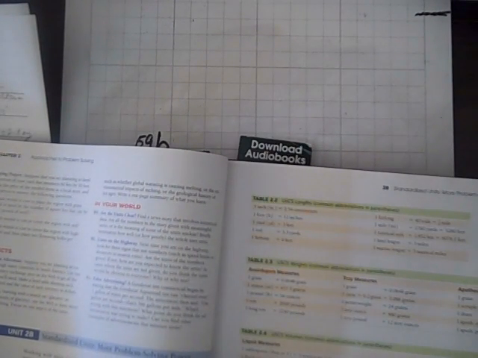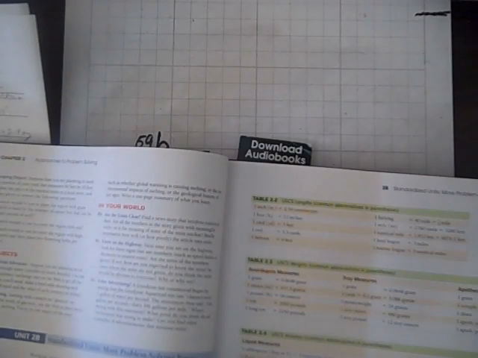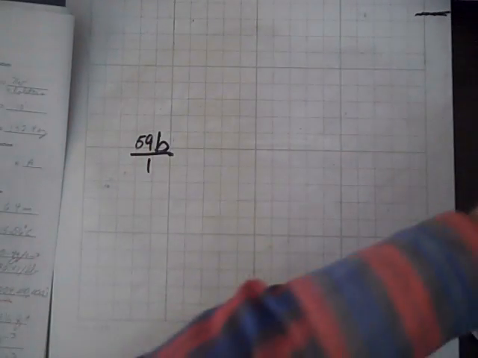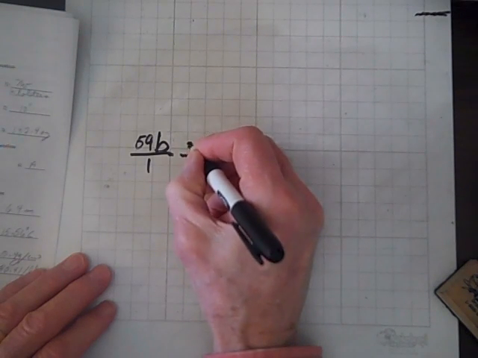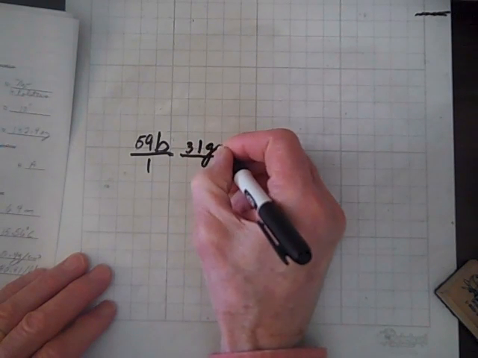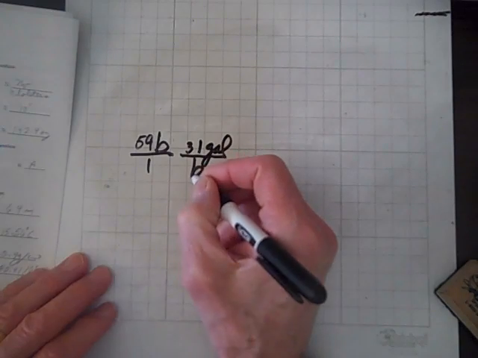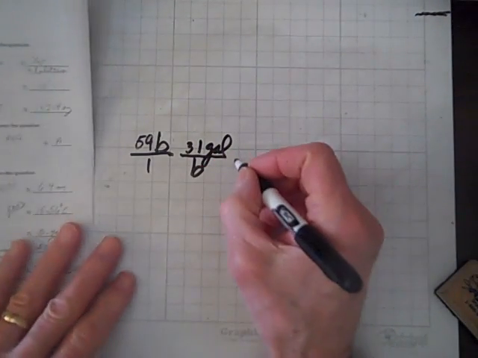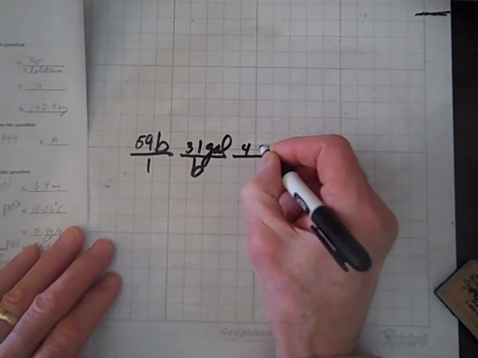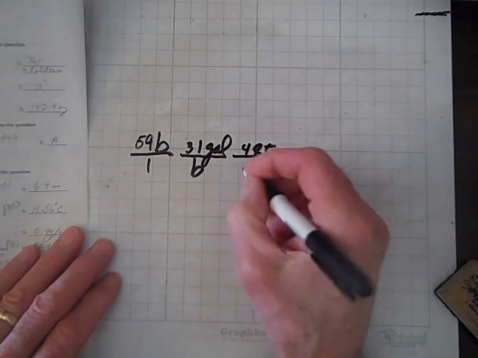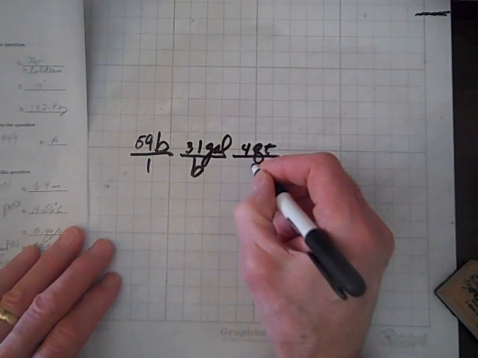It says 1 barrel of liquid corresponds to 31 gallons. So there's 31 gallons per barrel. And how many quarts? We know there's 4 quarts to a gallon.